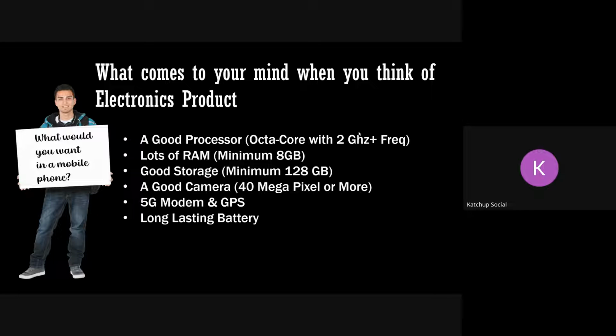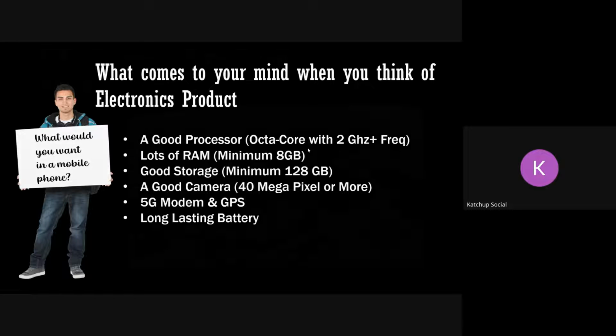You want to play games, watch movies, Netflix at the fastest speed, that corresponds to the modem. You want to use maps to go from one place to another, that corresponds to GPS in a mobile phone. And you want to probably charge it once a day or once every 2 days, that corresponds to a long lasting battery in a phone, right?